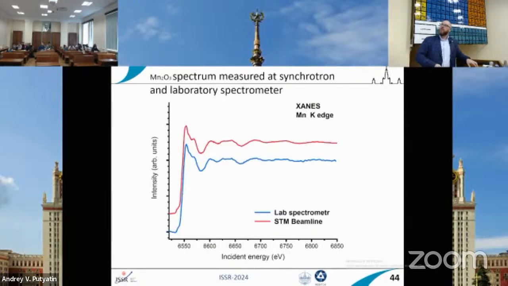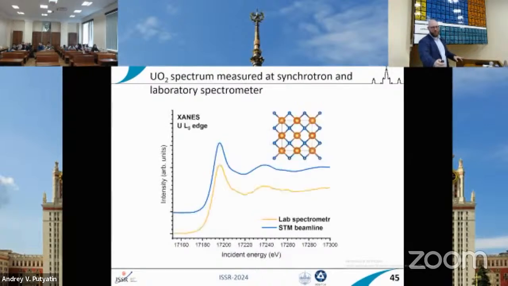It is a comparison of the spectrum from our lab spectrometer and from the Kurchatov beamline, the synchrotron source spectrometer. You can see that the quality of the spectrum may be not so ideal, but it is very close to the real synchrotron source.